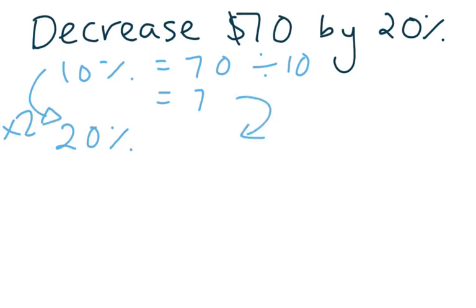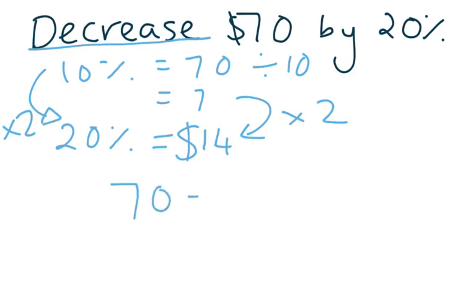So we have to do the same to this side here, and that gives us $14. Now, because it's a decrease this time, we're doing takeaway at the end. So 70 take away 14 to give us $56 as our answer.